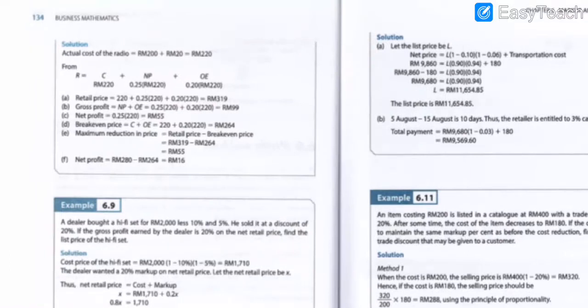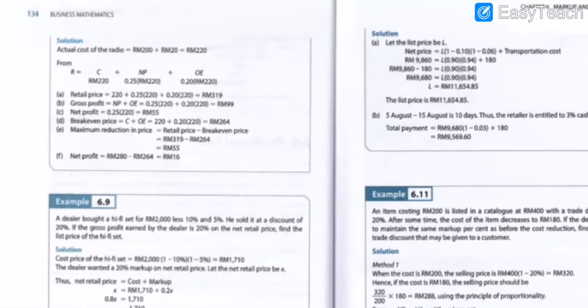This one I tell you the actual cost is 220, right? Okay, so the retail price is C plus NP plus OE, so 319 ringgit. The gross profit is NP plus OE. Net profit is the net profit lah. Break-even price is C plus OE.